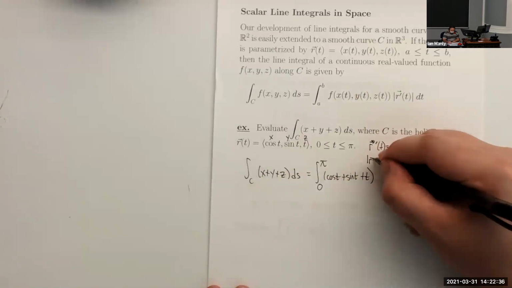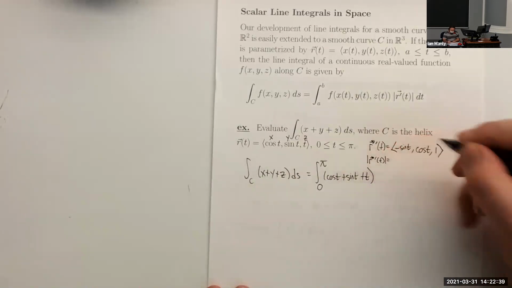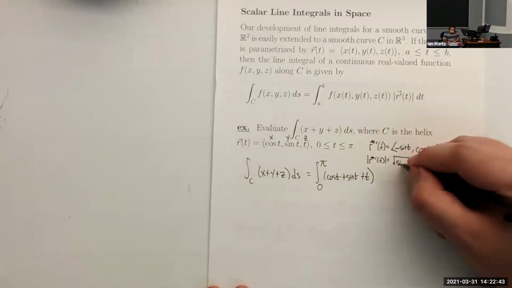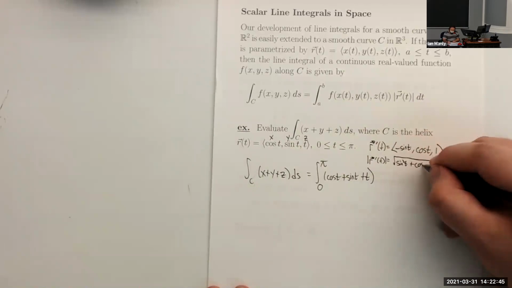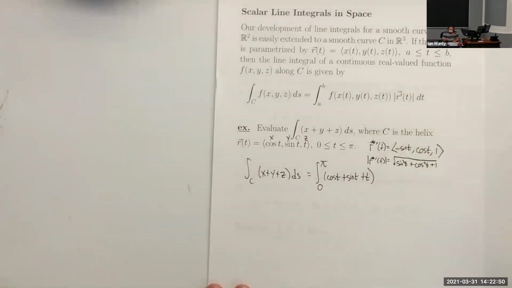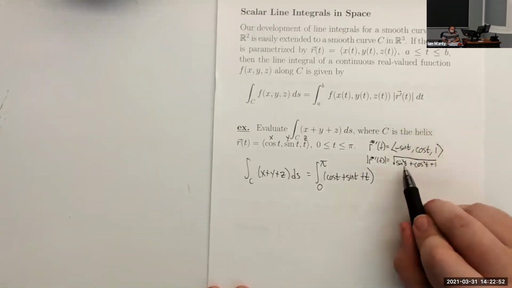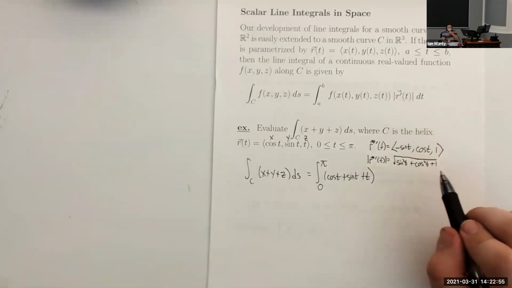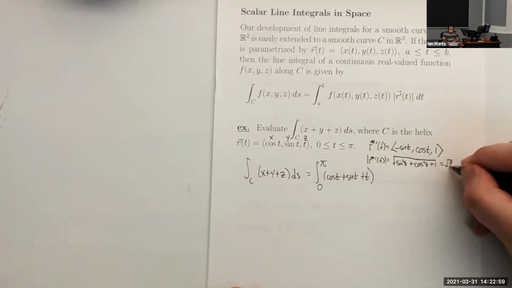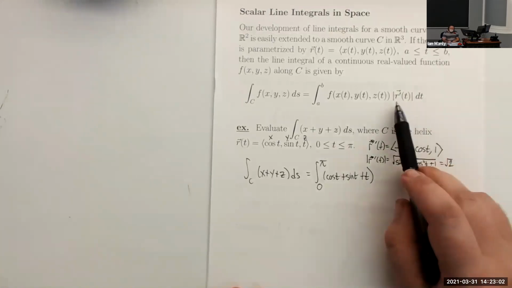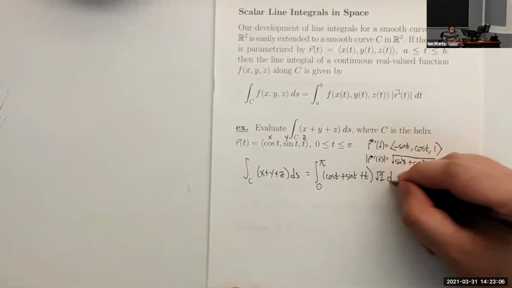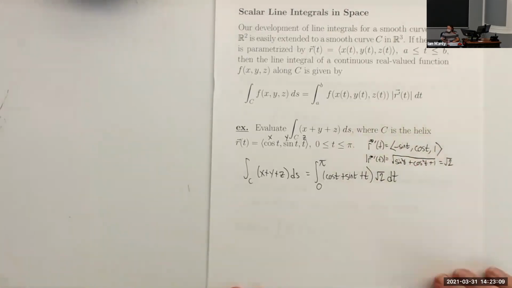And then when we do the magnitude of this vector, this is the square root of sine squared plus cosine squared plus 1 squared, or 1. And this ends up simplifying to something pretty nice, because we know that sine squared plus cosine squared will always be 1. So this is square root of 1 plus 1, aka root 2. So our r prime is pretty simple this time. It's going to be root 2 right here. And then we have dt.